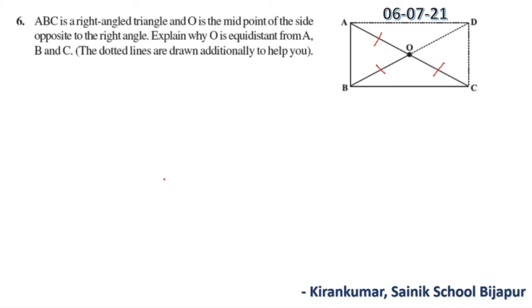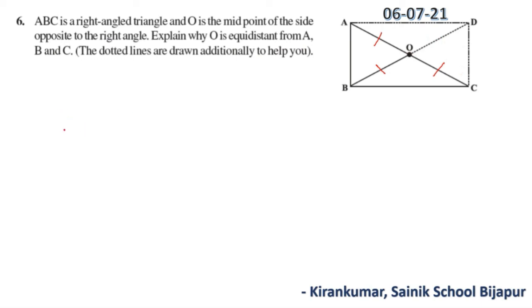That is what we need to prove. Look at what is given in the brackets. The dotted lines are drawn additionally to help you. This is the construction. This dotted line indicates we have constructed.